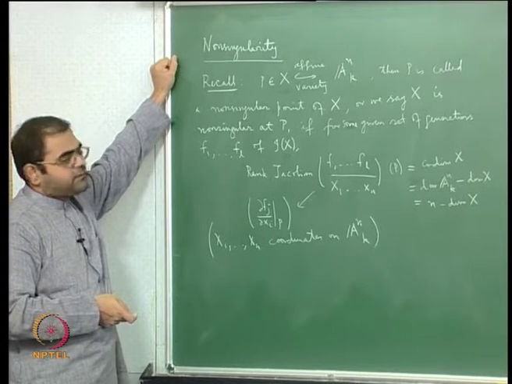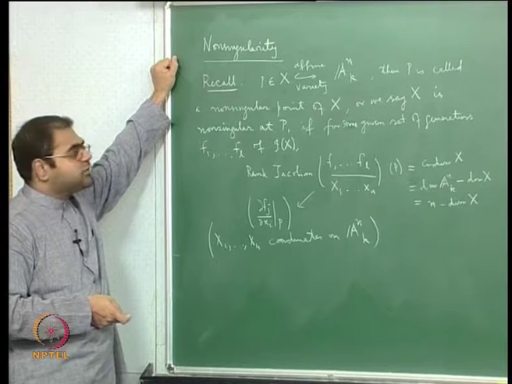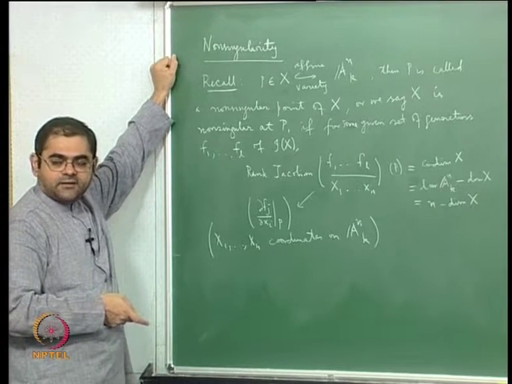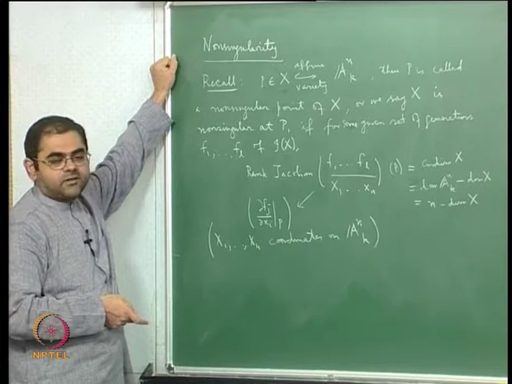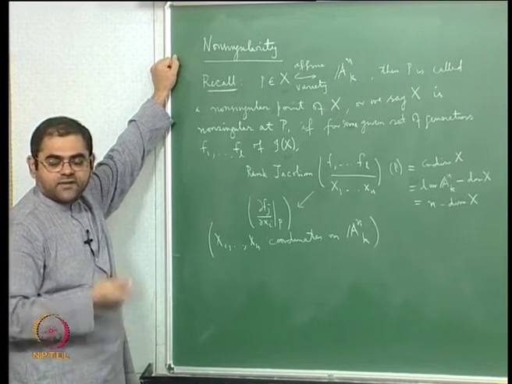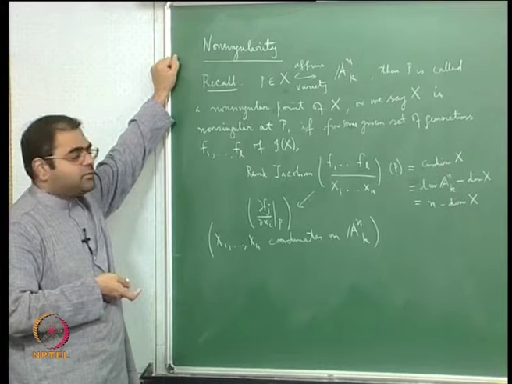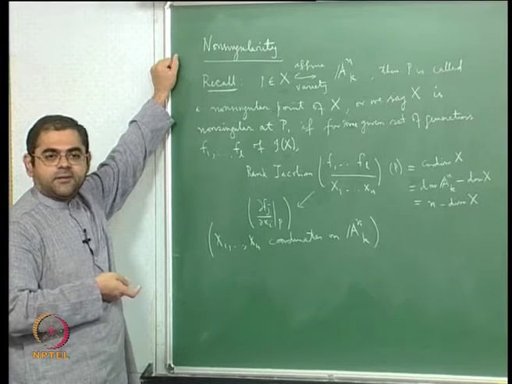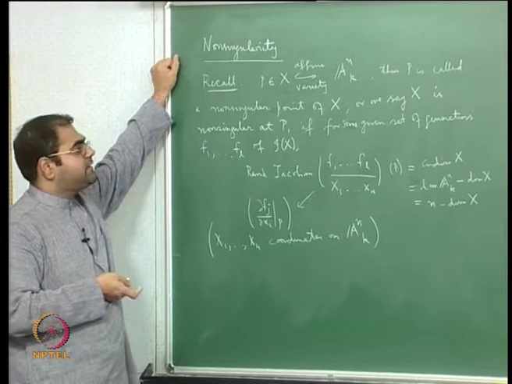So you take the point to also be a point on an affine open set containing it, and then you define the point to be non-singular if it is non-singular as a point of that affine open set, okay. And in a way, this non-singularity should not depend on the open set in which you are considering it.